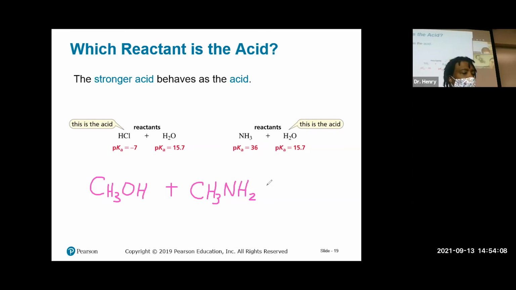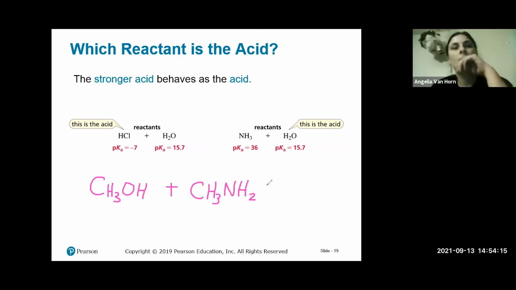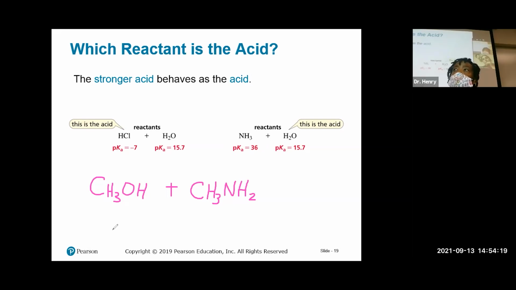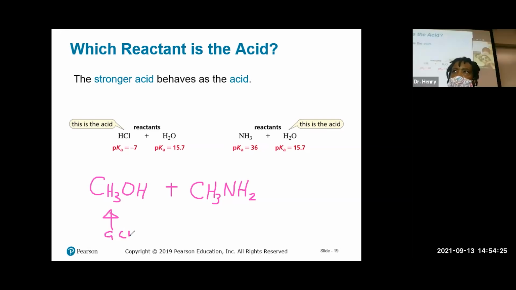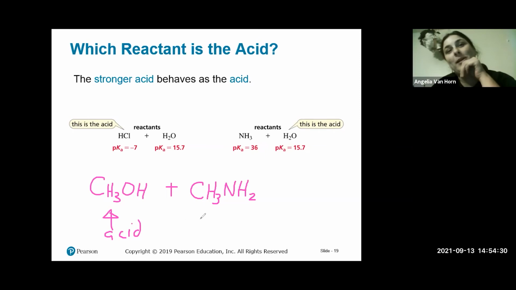Okay, which one is going to be the acid? Which one is going to be the base? Methanol is going to be the acid. And why is that? Well, if I remember correctly, it should have a lower pKa than the other one. That's right.